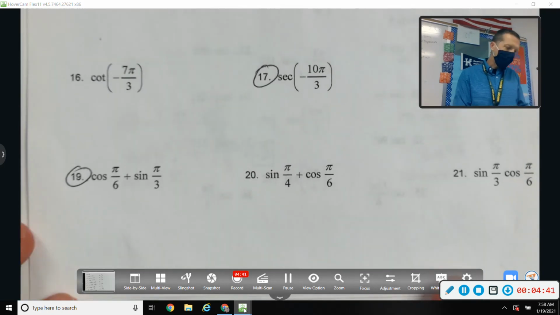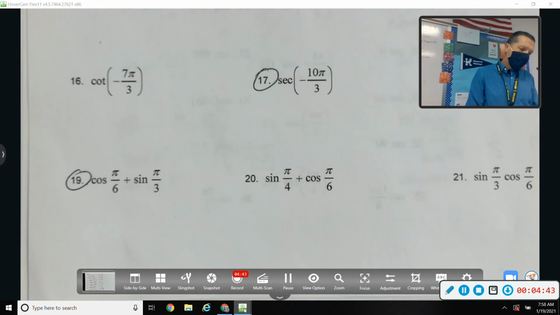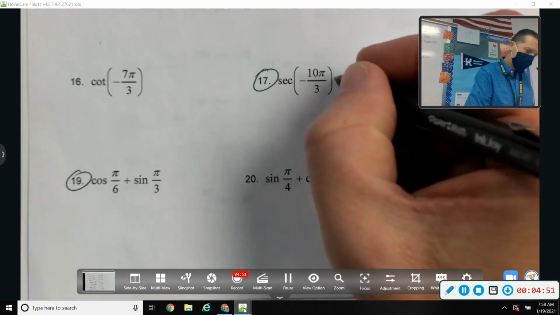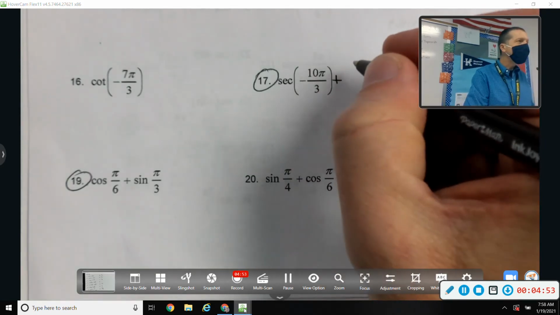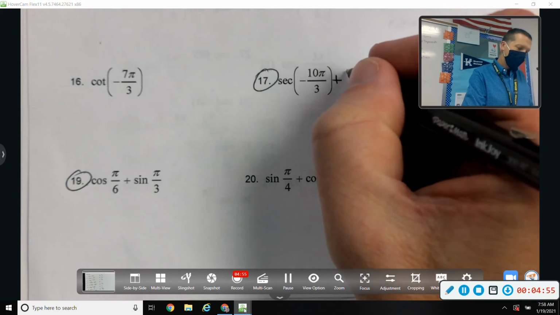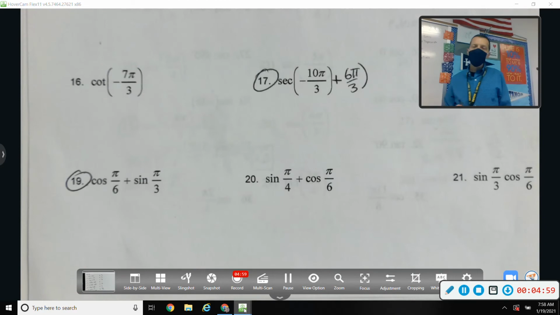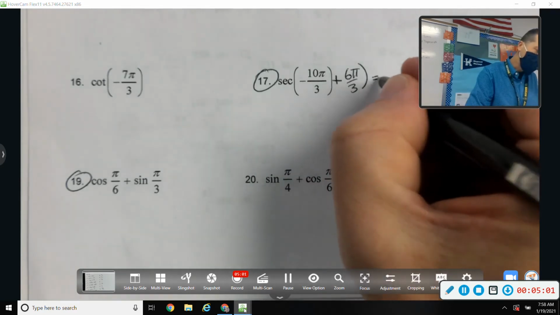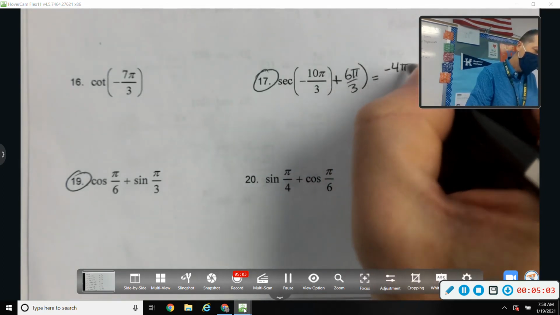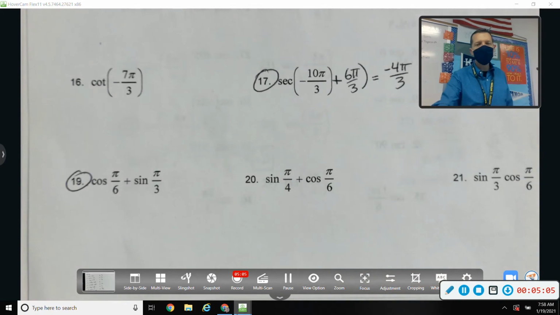Number 17. Negative 10 pi over 3. Another one, I don't like that. So we will add. What are we going to add? Good. 6 pi over 3, which gets me to negative 4 pi over 3.